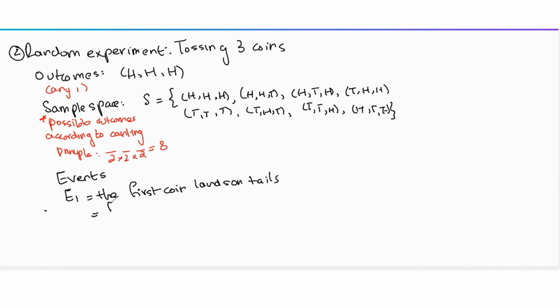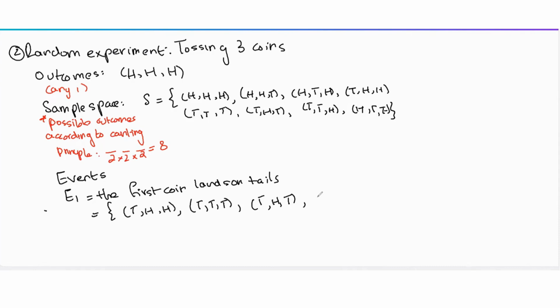Right, so this event will include which outcomes in the sample space? The first coin lands on tails. So it will include this outcome from the sample space, tail, head, head. It will include this outcome, tail, tail, tail. It will include the one where the second coin lands on head, tail, head, tail.